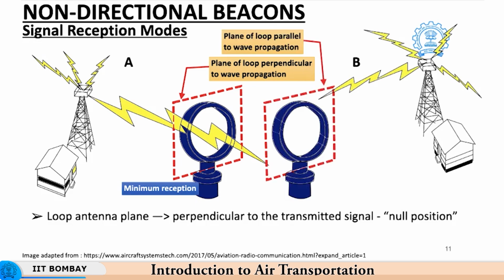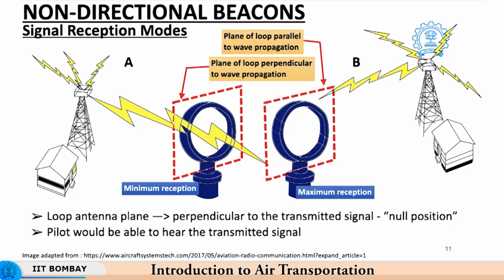In the second type of signal reception, the loop antenna would be aligned parallel to the incoming signal, and because of this orientation, the signal reception would be maximum, and based on the orientation of this particular position of the loop antenna, the pilot would be able to hear the transmitted signal and hence would be able to understand the relative bearing of the incoming signal.